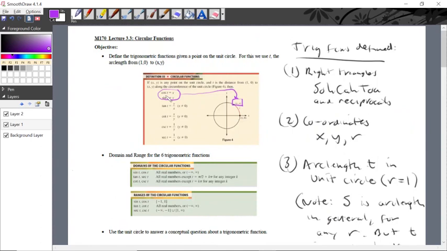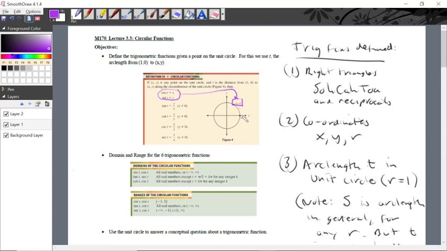So if cosine is the x-coordinate and sine is the y-coordinate, then just by looking at the unit circle itself, we can see that there are bounds on the cosine and the sine. What's the largest possible x value that can be attained at any point along the circle? If it's the unit circle, the largest that x can get is at this point right here. That's as far to the right along the x-axis as we can go, and that would be x equals 1.